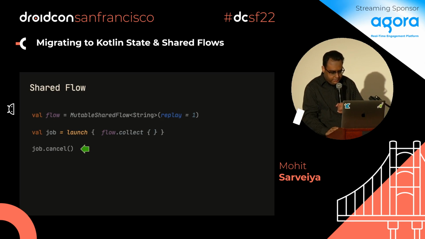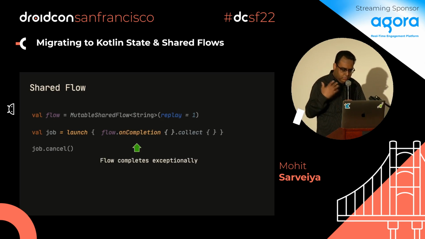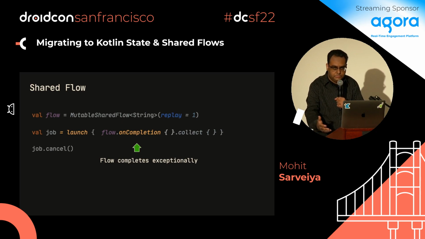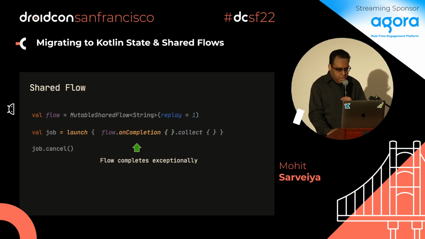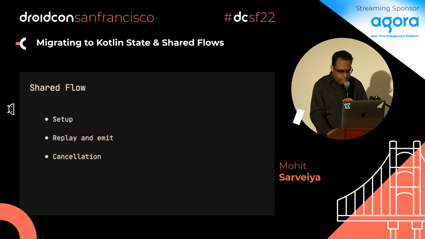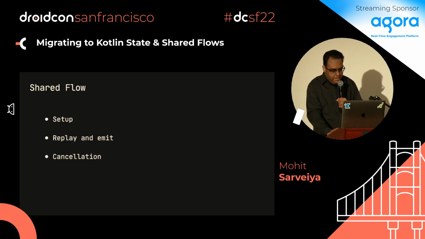When you cancel them, it will ultimately complete the flow due to an exception. It doesn't complete normally without an exception. So that's an important feature to understand. And that was the basics of setting up and some of the features of shared flows.